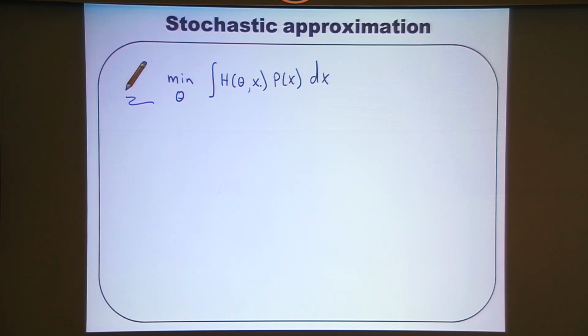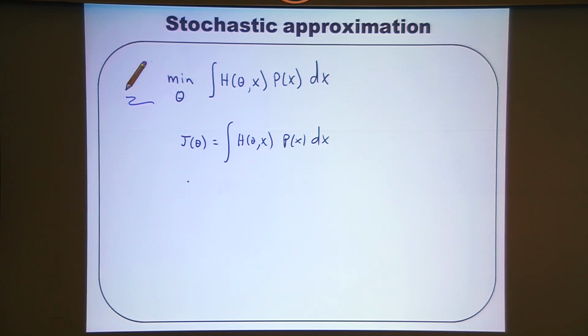Loosely, I'm going to assume that all these integrals are regular, etc. And what I'm going to do is define this function j of theta. Well, first I'll call this guy h of theta. And if it was a large discrete integral, it would be the same thing.